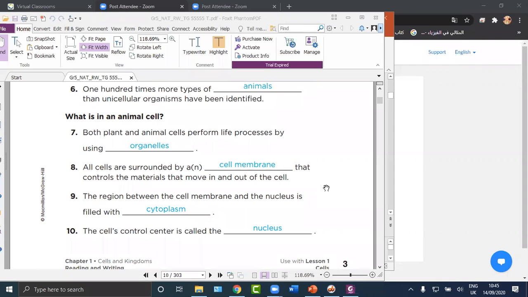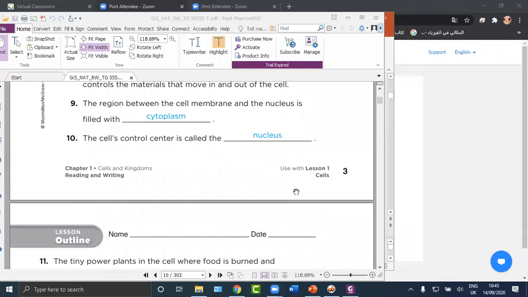A structure in a cell used for storage of water, food, and waste is vacuoles. Excellent. Vacuole. Excellent. Okay, now, what's inside a plant cell?